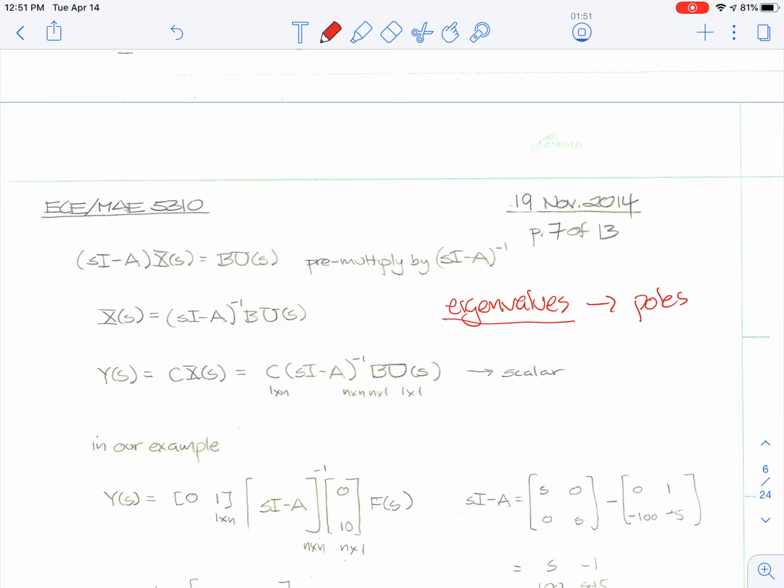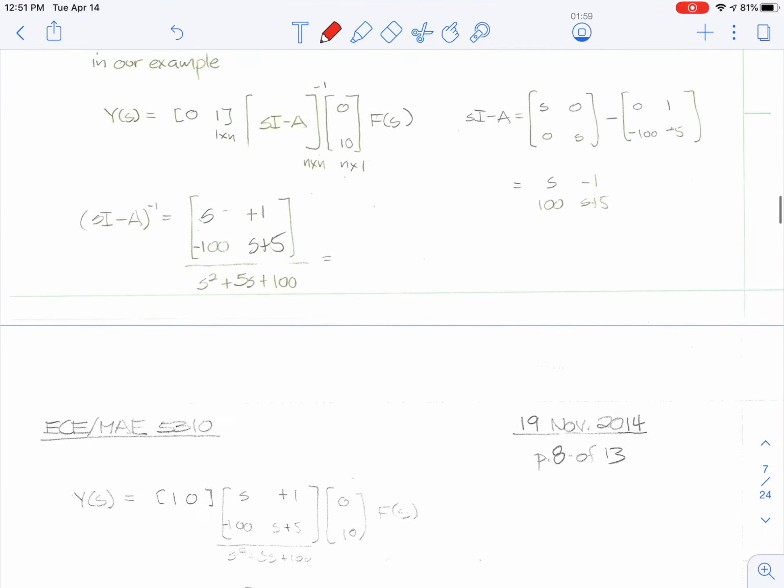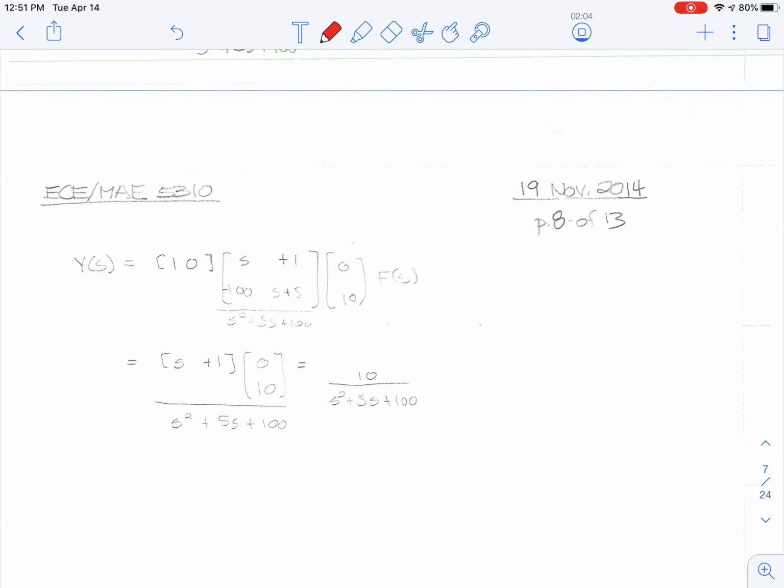Eigen is characteristic, cool German word, but we're talking about poles if we're doing systems. Now you kind of expect that to happen. The two things have to produce equivalent responses. But I do want you to be aware that the state space representation is not magical.